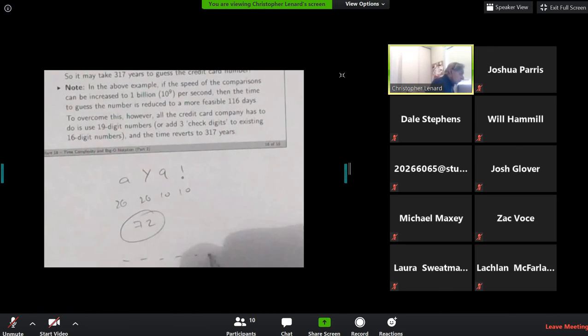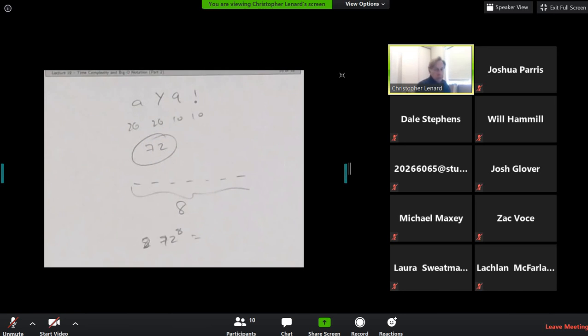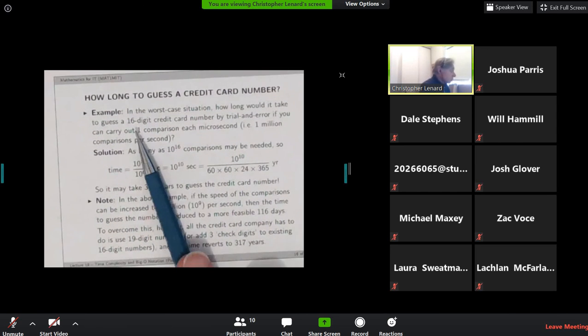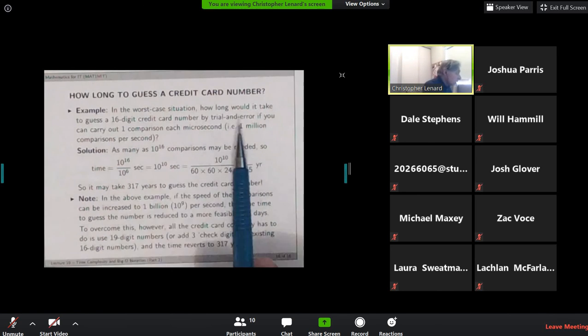And if you've got a password with 8 characters, then there are 72 to the 8 possibilities, which is a pretty big number to guess. So if I ask you, credit card numbers are 16 digits, and I ask you to guess a credit card number simply by starting at 0000 and working your way all the way up to 9999999999999999 by trial and error, and you could do a million guesses a second, how long would it take?